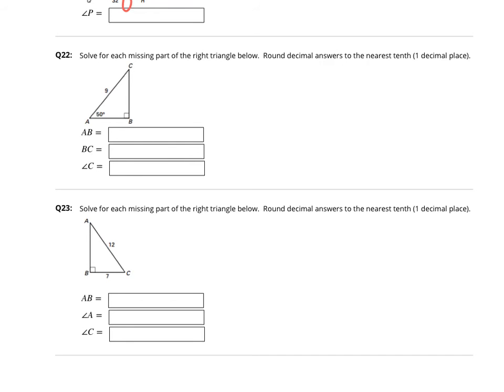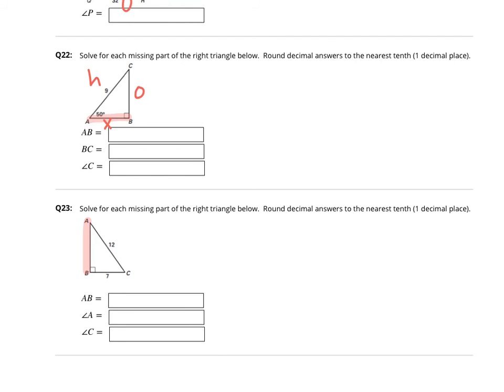Okay, 22 and 23, we want you to first solve for the missing side, which is AB. Use the Pythagorean theorem on number 23. Now, number 22, you can't do that. So we're going to call this side X. This would be my opposite side.